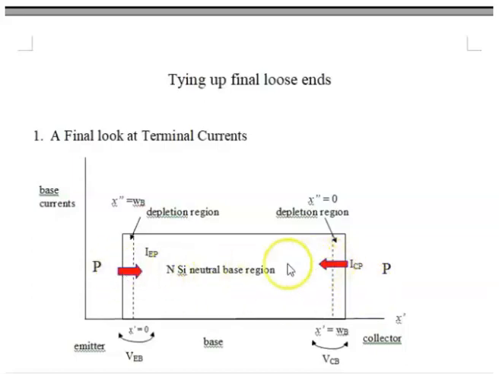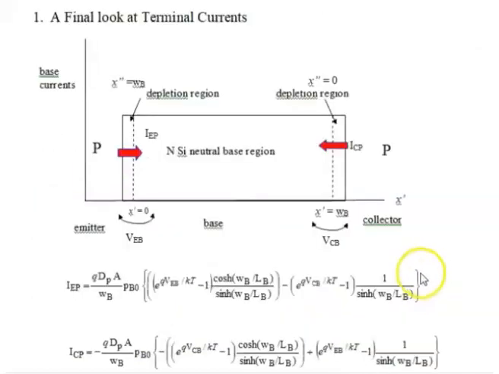Both currents are composed of two components: holes injected from the emitter to the base and holes injected from the collector to the base. So we add up those two components at x prime equals 0, and then we add them up at x prime equals W_B at the end of the base.